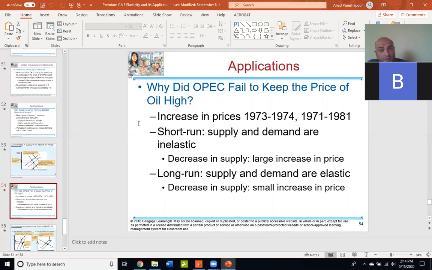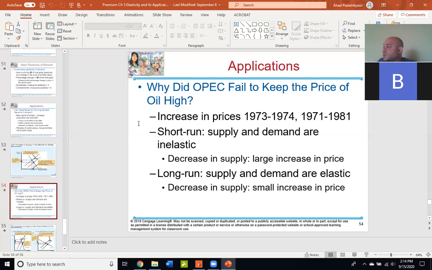In the long run, however, these countries could think, plan, prepare, and adapt to the new situation. They could find new energy sources like renewables or nuclear or coal.